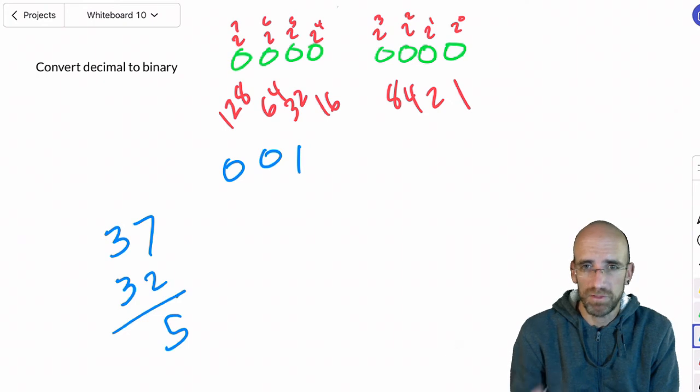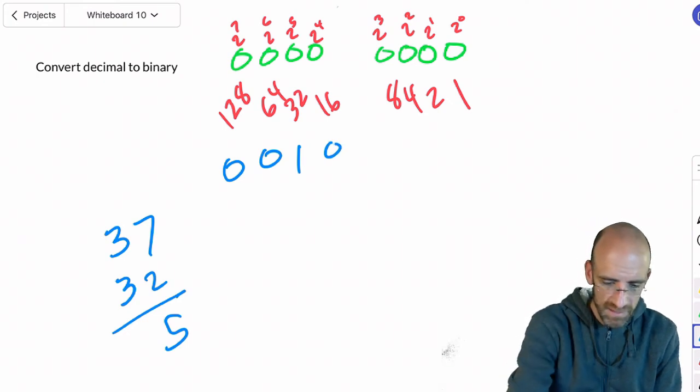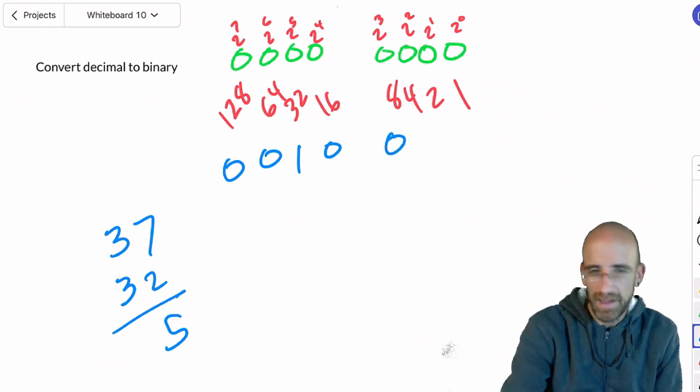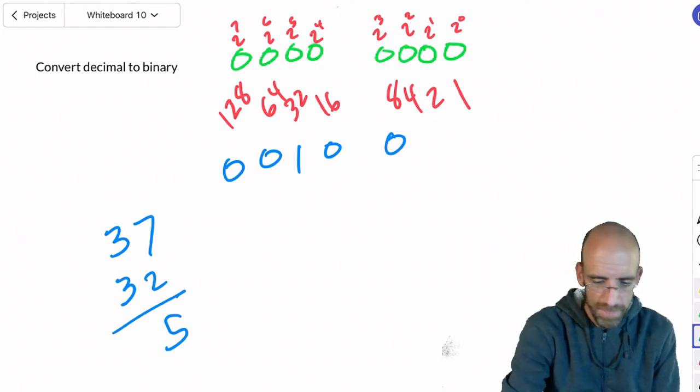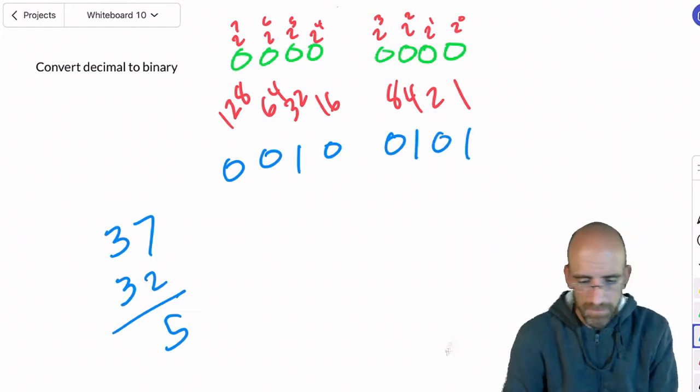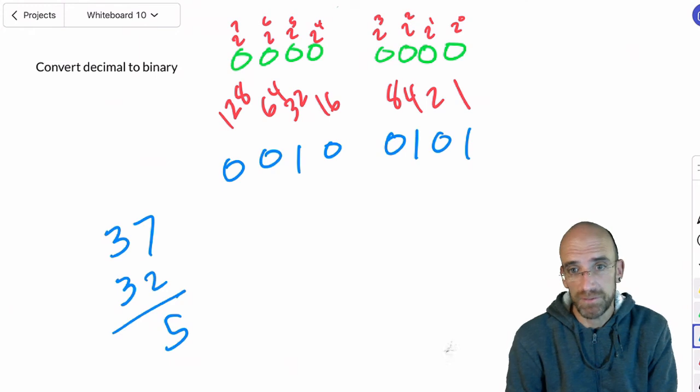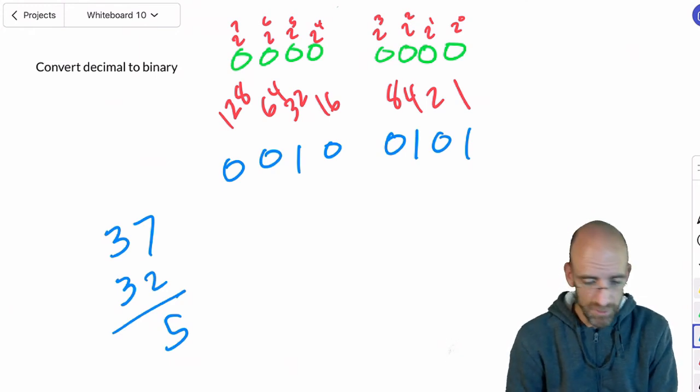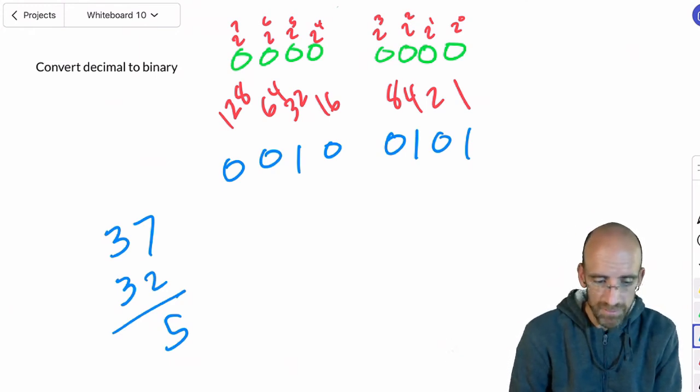So we have 32 plus 5. There's no 16s. There's no 8s. And you can probably see 4 plus 1 is 5. So 32 plus 4 plus 1 equals 37. And that's how you can convert from decimal to binary.